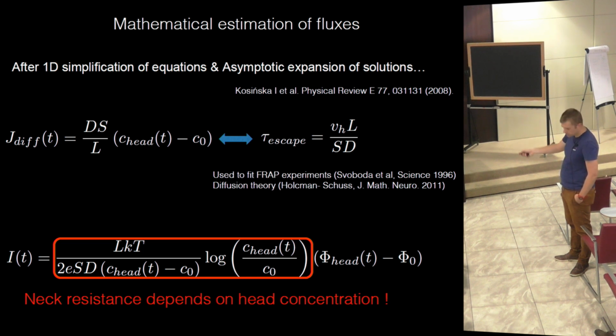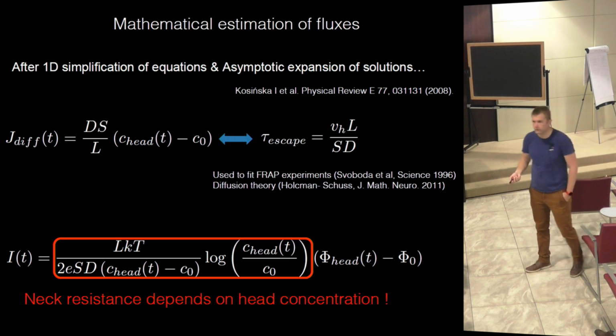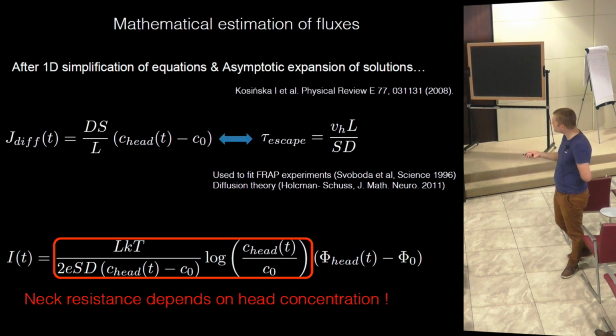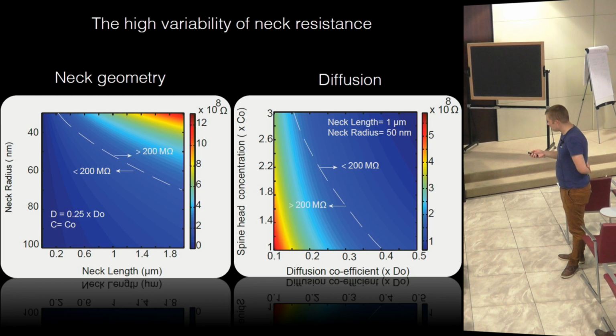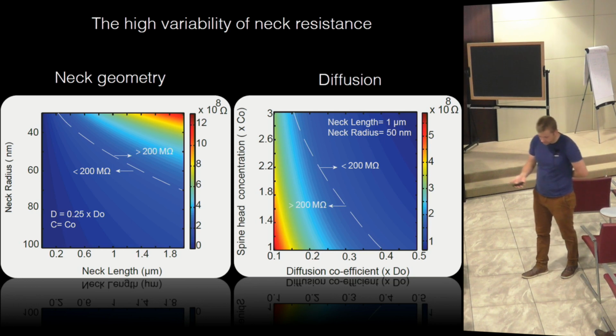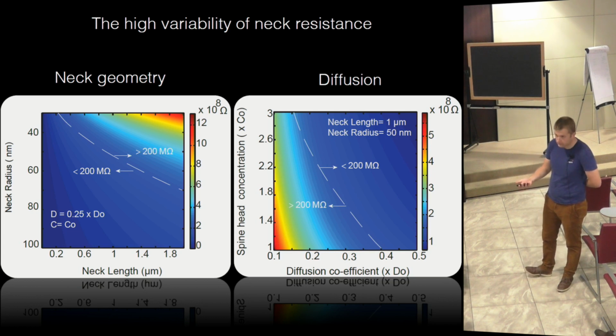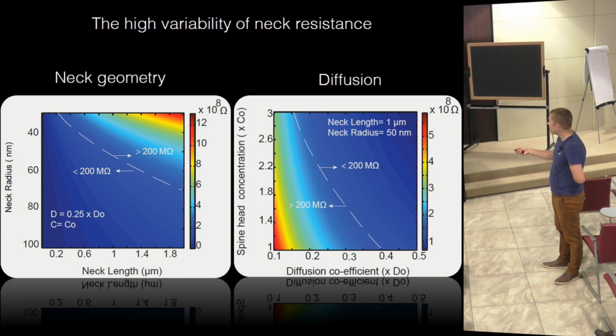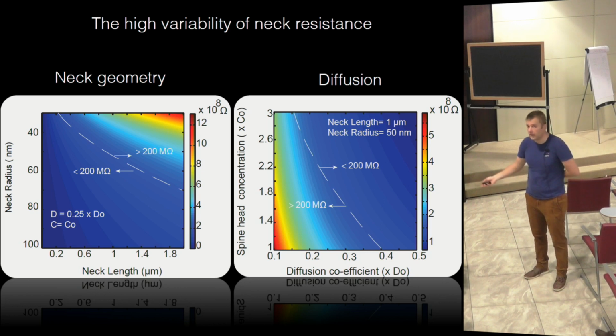So you have an expression for the neck resistance at constant concentration. As I said, the neck resistance can vary with the neck geometry, typically the cross section and the length. You have a full spectrum of neck resistance depending on the length and the radius, meaning that neck resistance can be high or low.